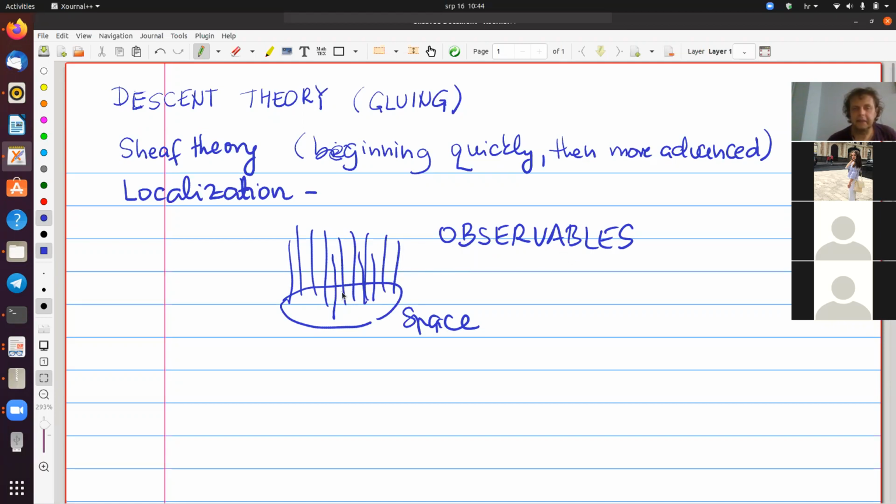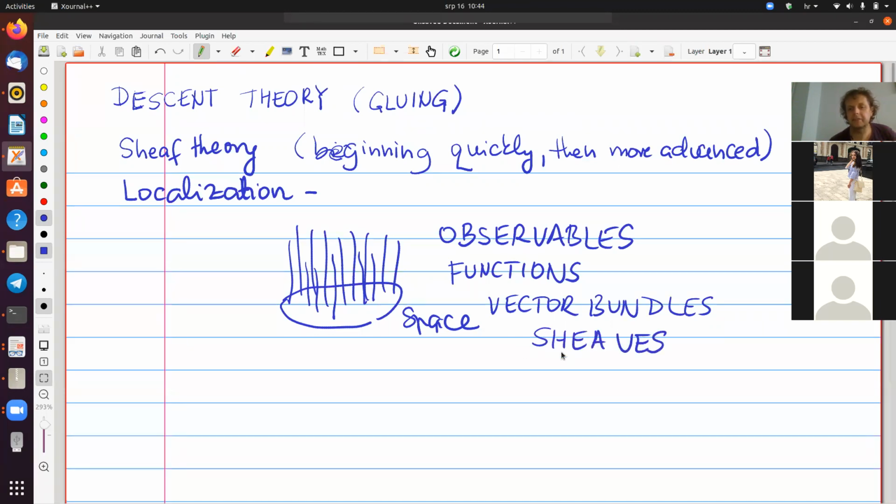Then in basic function theory, you have, of course, functions. Functions live over the space. But then you have more complicated objects. You can have, say, vector bundles. And today's characters, you can have sheaves. And you can have very sophisticated versions of these sheaves, say quasi-coherent sheaves.